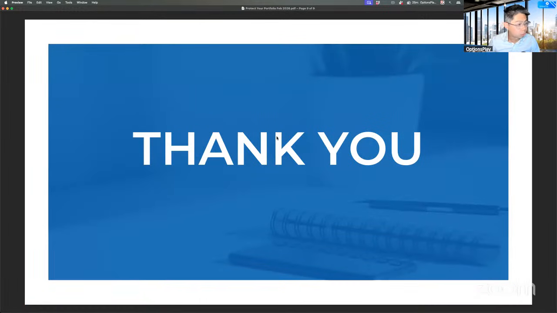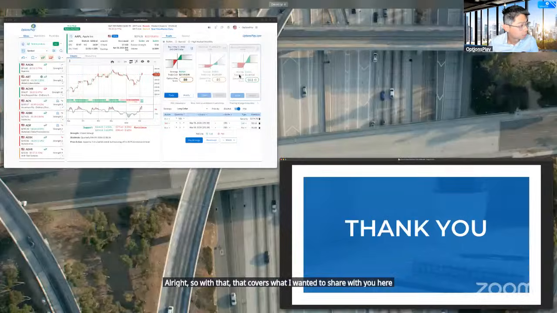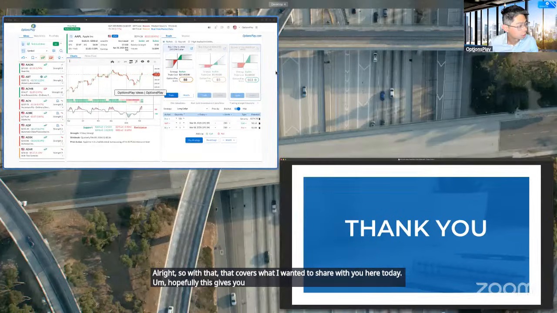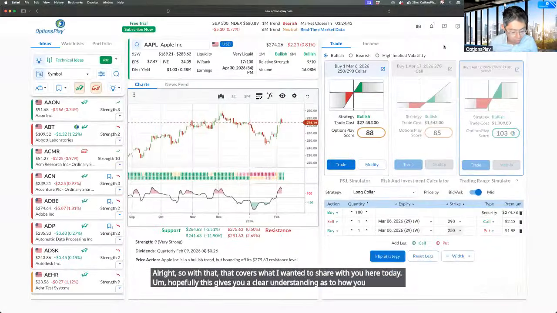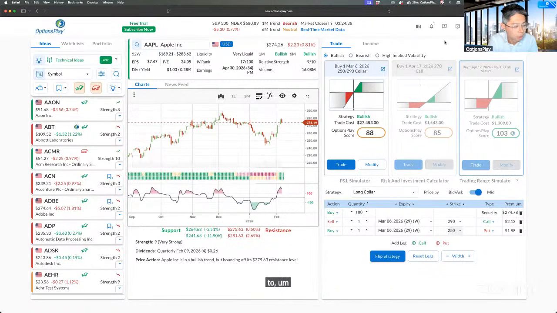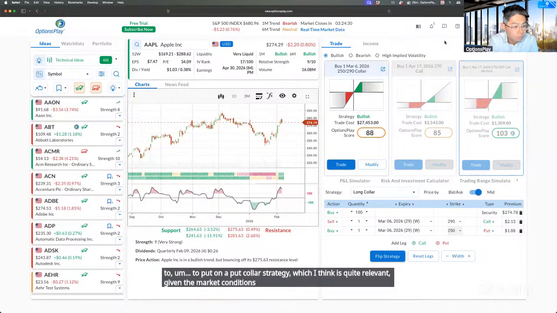All right, so with that, that covers what I wanted to share with you here today. Hopefully, this gives you a clear understanding as to how you can utilize the OptionsPlay platform to put on a put collar strategy, which I think is quite relevant given the market conditions that we're in.